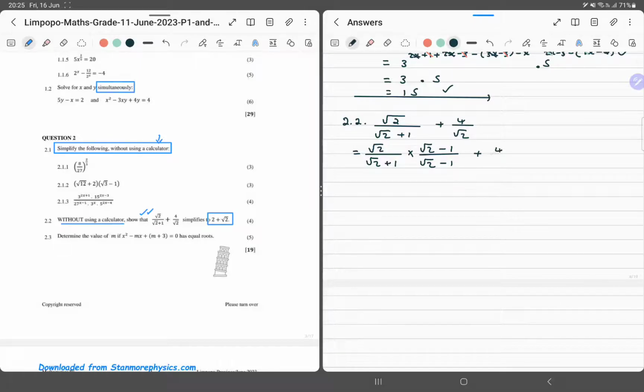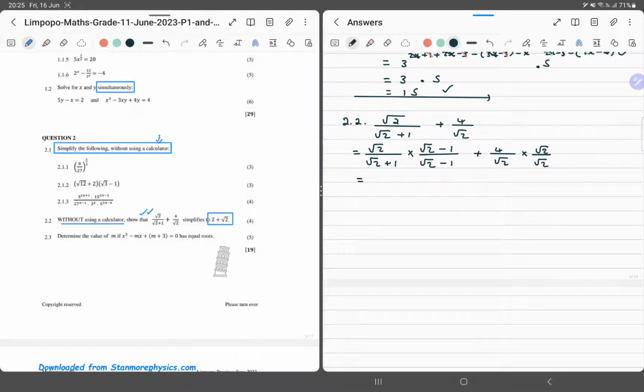So here we've got 4 over root 2. Now this one is a single square root sign, so once you have a single radical, you multiply by 1 that is made up of those radicals, because in the denominator it will give us a rational number, because that gives us a perfect square. A perfect square is a rational number. All right, not a problem.